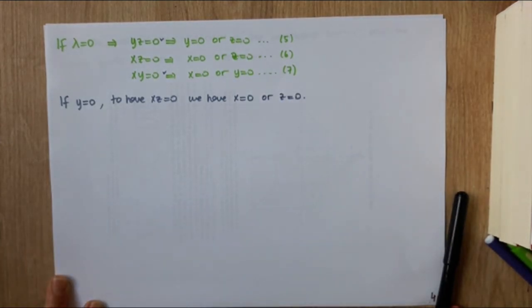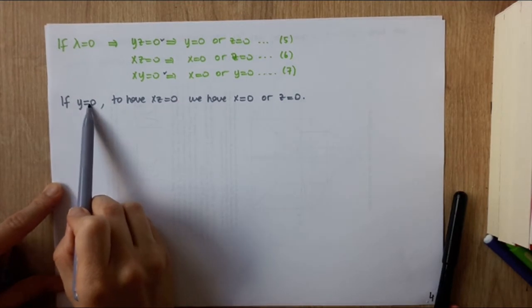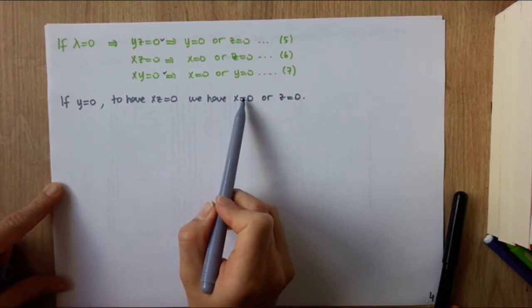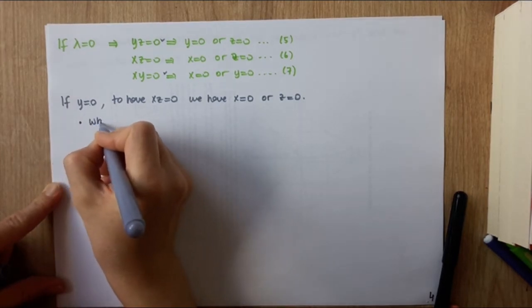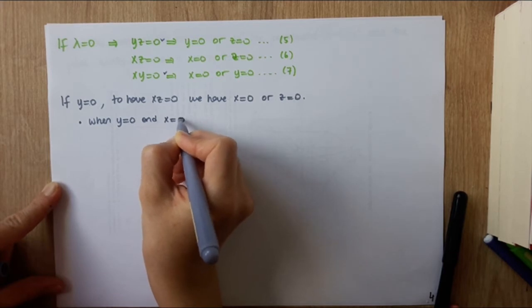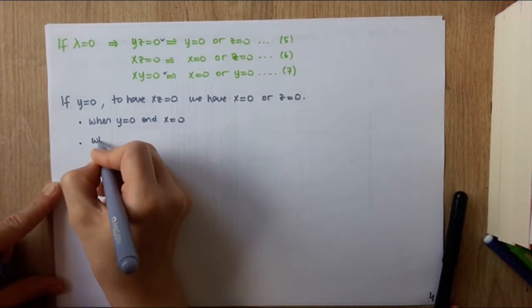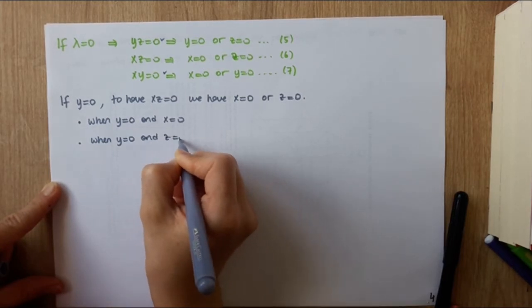So it means when y is 0, at the same time x should be 0 or z should be equal to 0. So I have the case when y equals 0 and x equals 0, and also when y equals 0 and z equals 0.